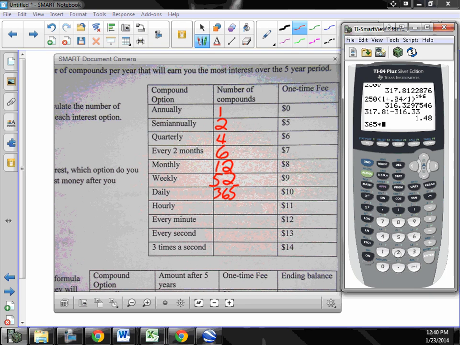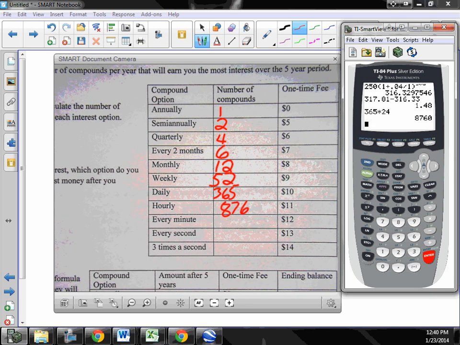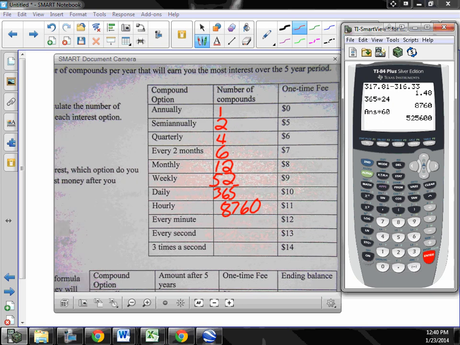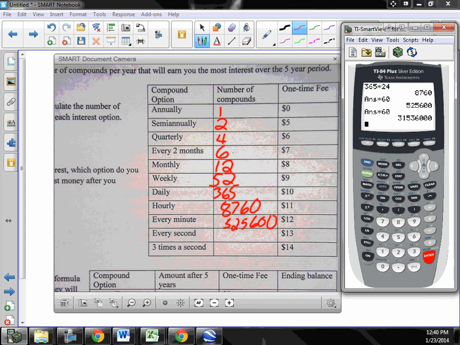365 times 24 hours per day, 8,760. How about every minute? So times this by 60, 525,600. Every second, times it by 60 again. Just for your information, there are 3.1 million seconds in a year.